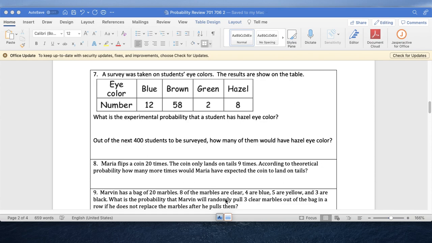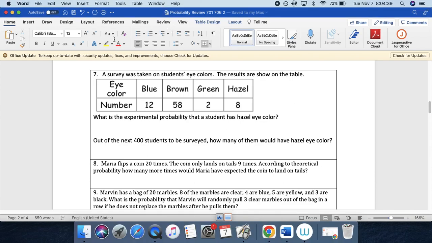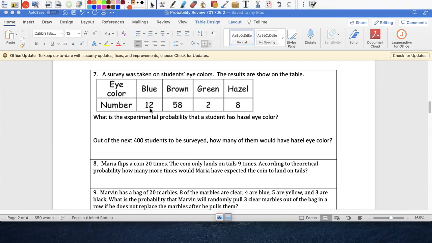A survey was taken on students' eye colors. The results are shown on the table below. So 12 people have blue eyes, 58 have brown eyes, 2 have green eyes, and 8 have hazel eyes. It's a little bit different than brown. Okay. What's the experimental probability that a student has hazel eye color?